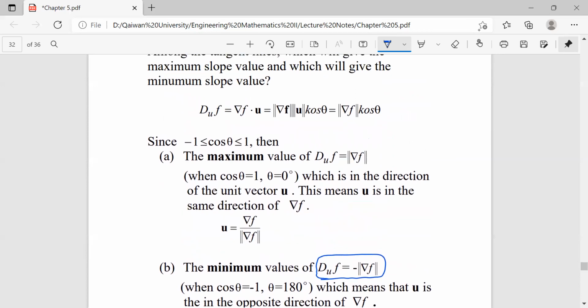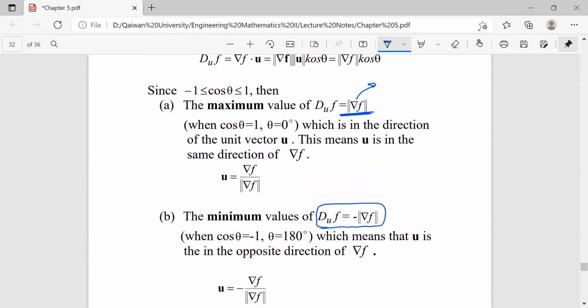Here the gradient vector is a vector. If you find its magnitude, that's the maximum value of the directional derivative. And for the minimum value, we just give a negative sign to it.